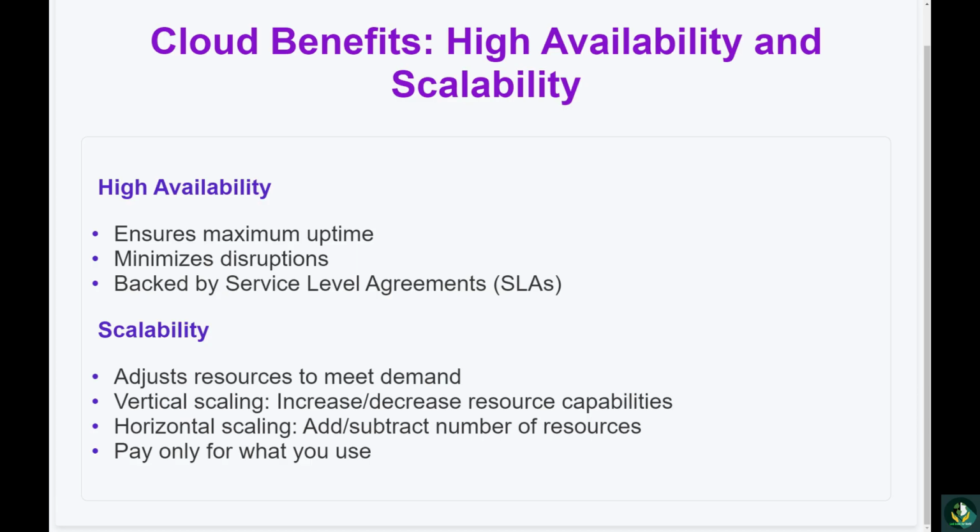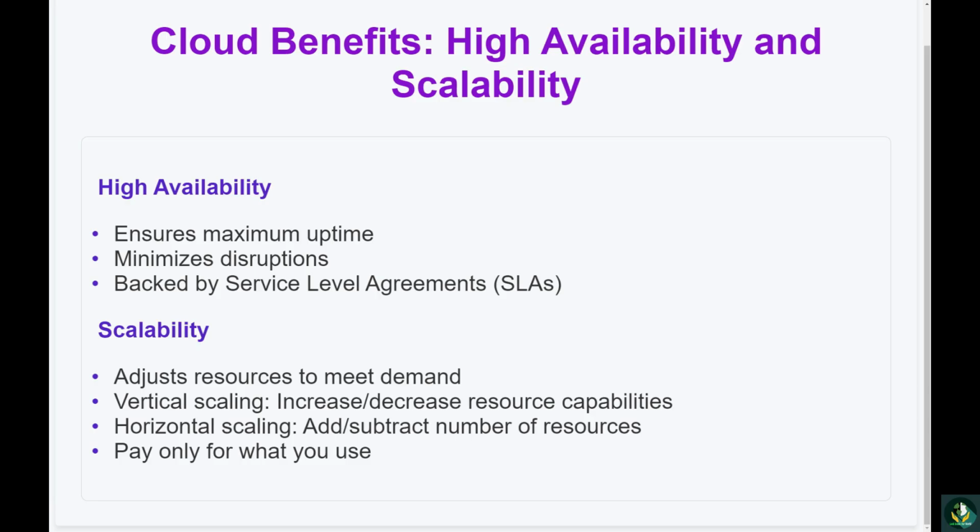Incoming network traffic is distributed across multiple servers to prevent any single server from becoming overwhelmed. Failover systems. Backup systems are in place to take over if the primary system fails. Geographical distribution. Data and applications are spread across different geographical regions, minimizing the impact of local disasters or outages.